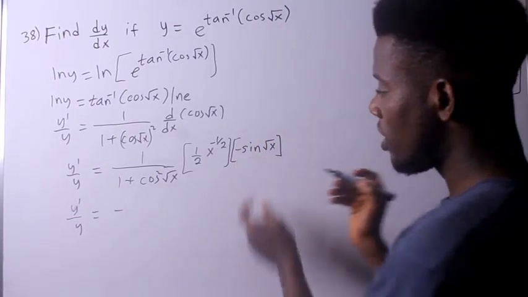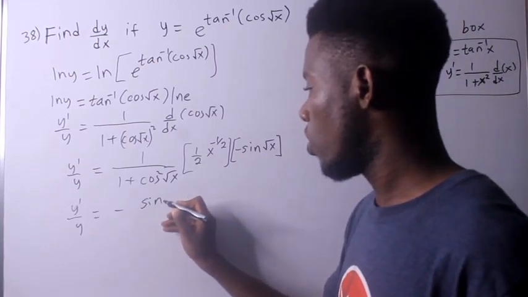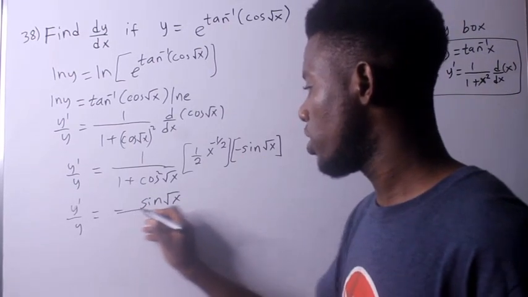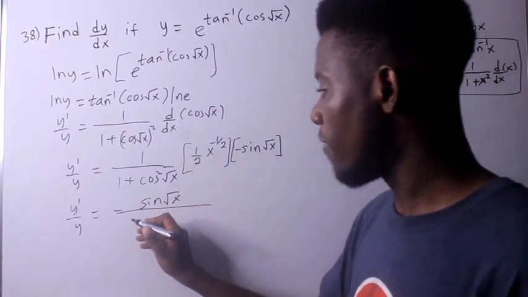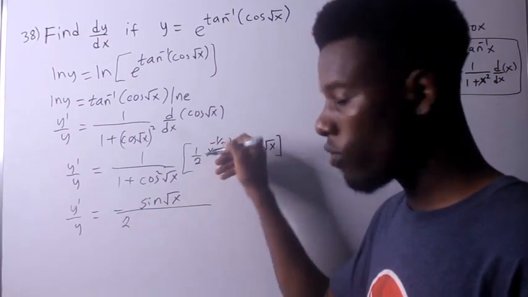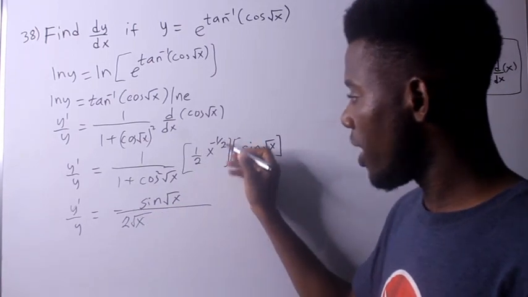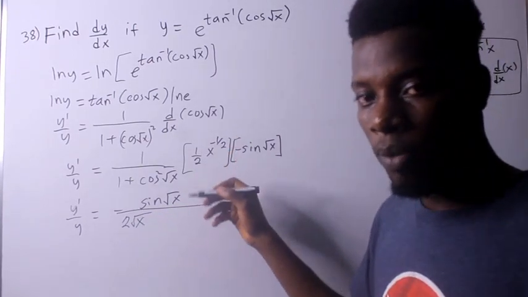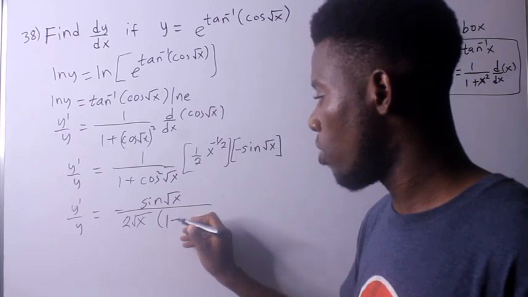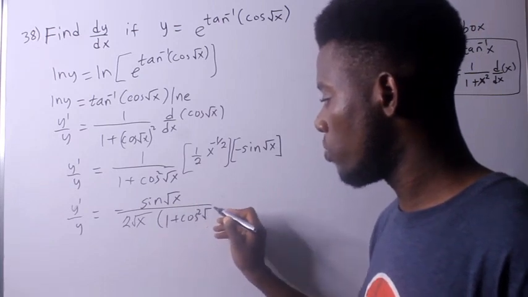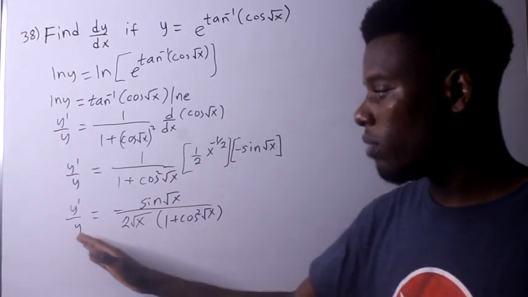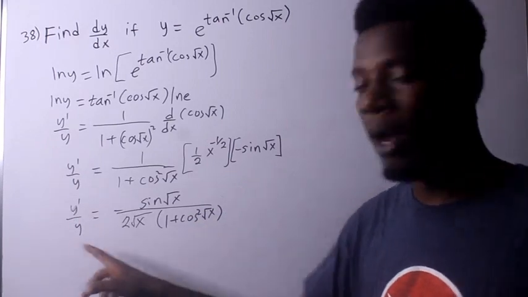So in the numerator, I'm just left with sine of root x all divided by, and in the denominator I have 2, because this half goes to the denominator and becomes 2. This x to the power of half goes to the denominator, it becomes root x multiplied by 1 plus cos squared root x. Once I do that, I can multiply the entire equation by y.